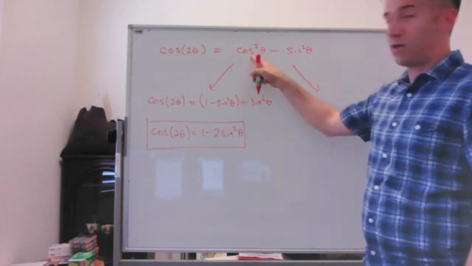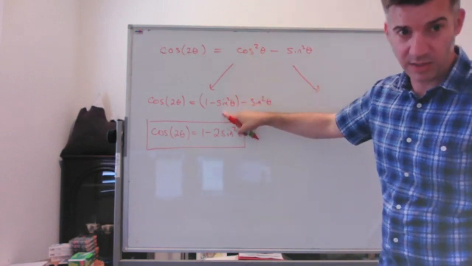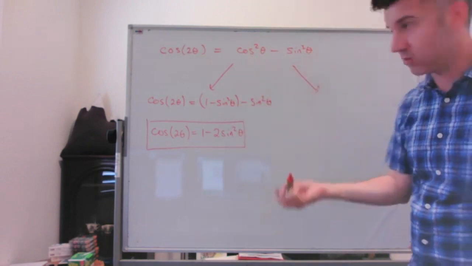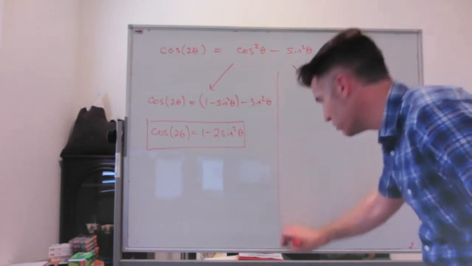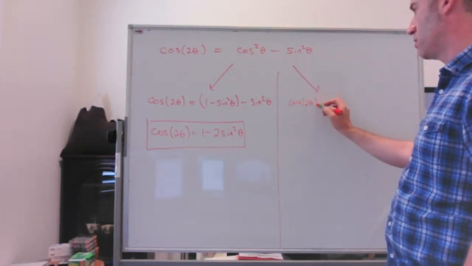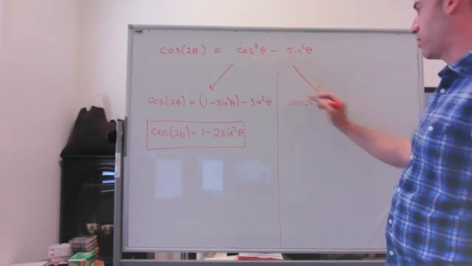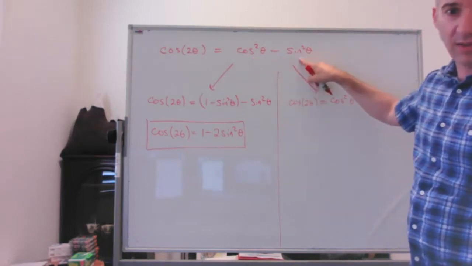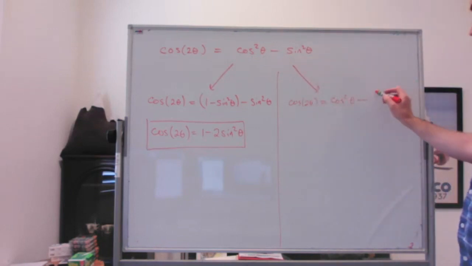So instead of replacing cosine squared with 1 minus sine squared, you can replace sine squared with 1 minus cosine squared. So this other version is going to be cosine of 2 theta equals cosine squared theta minus sine squared theta, but instead of sine squared theta, we're going to write 1 minus cosine squared theta.